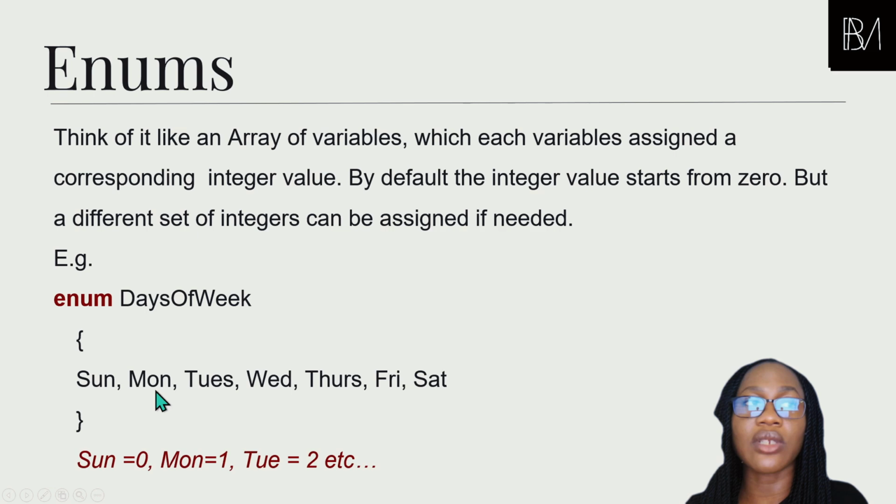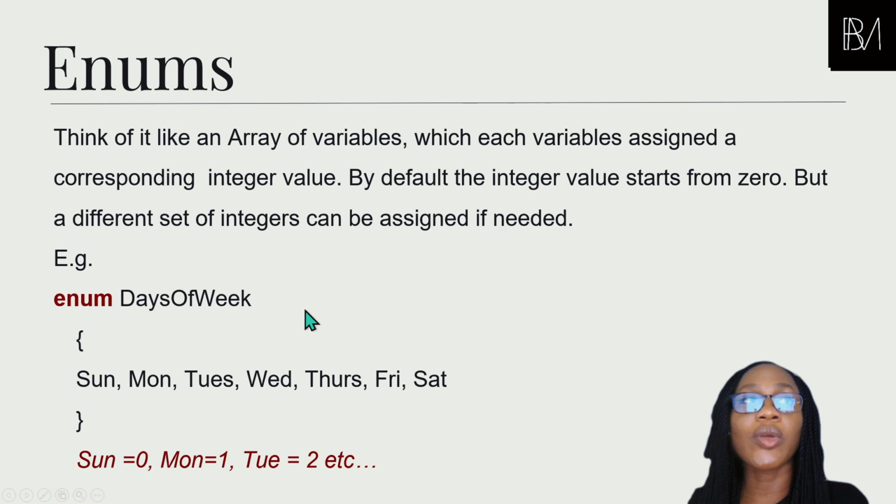It gets clearer when we start coding, of course, but think of it like an array of variables where each variable is assigned an integer value. So in a typical array, we would probably just have a list of values, but in an enum, you would have a list of variables, and each of those variables is assigned a fixed value. You can actually reassign the values that you want.